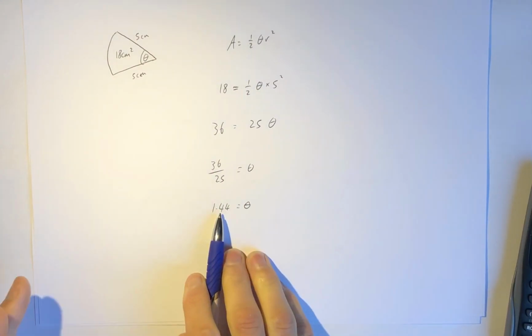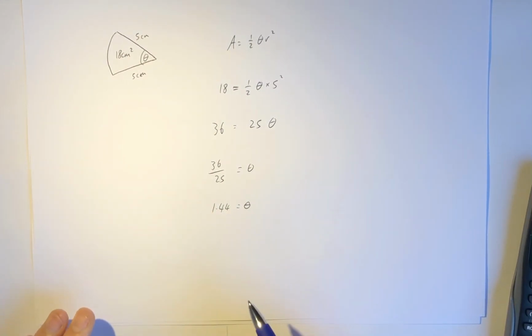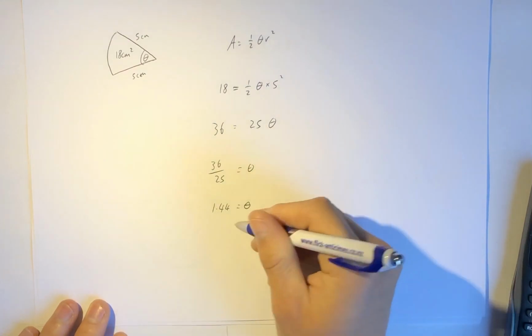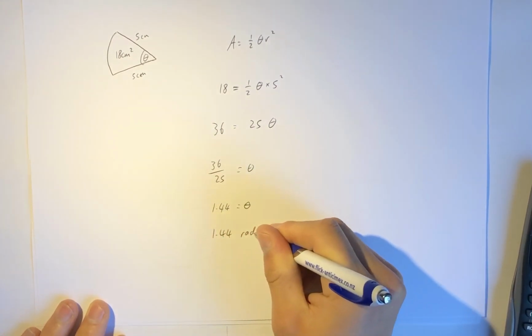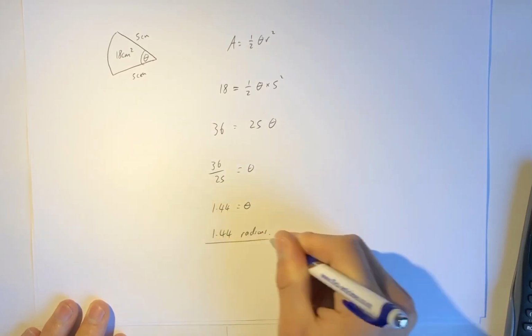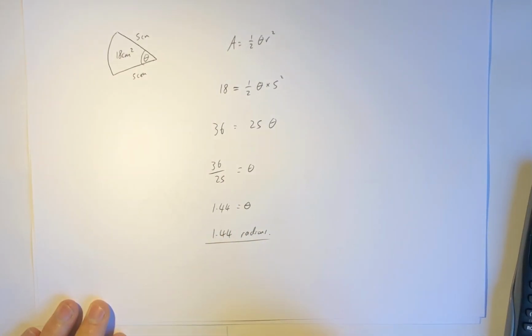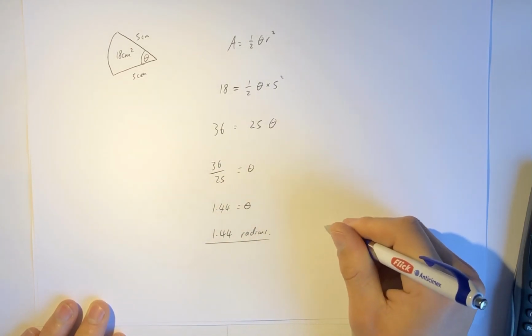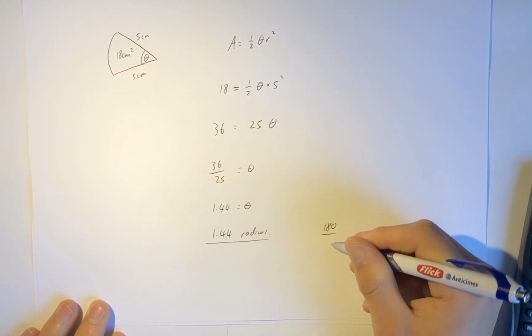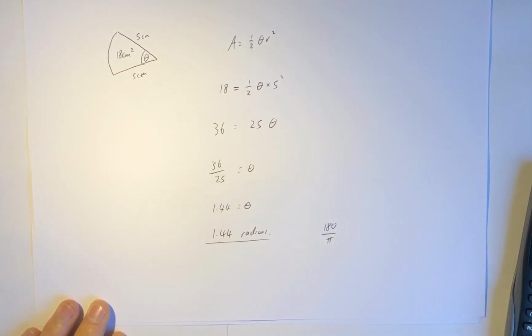And is that degrees or is it radians? And it is radians, so you want to write that down. Remember, you always need units. How many degrees is that? So I think we know that we convert, 180 over pi is what we multiply this by.